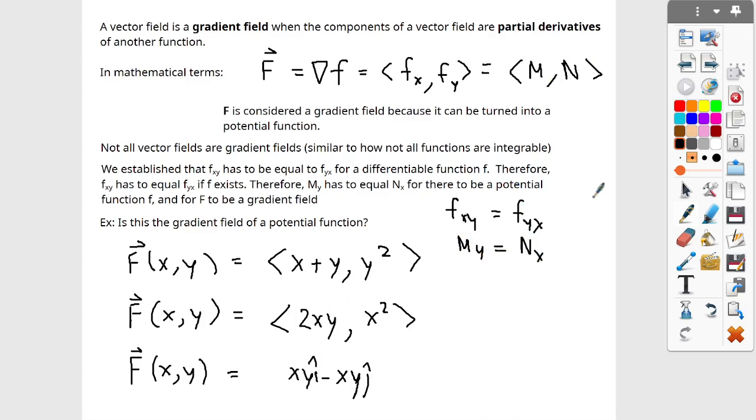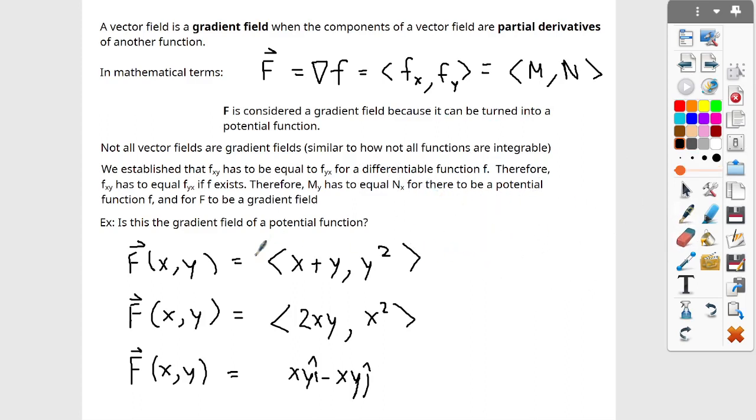That is the condition for a gradient field: the derivative with respect to y of the left function has to equal the derivative with respect to x of the right function, n sub x, because f sub xy is f sub yx.